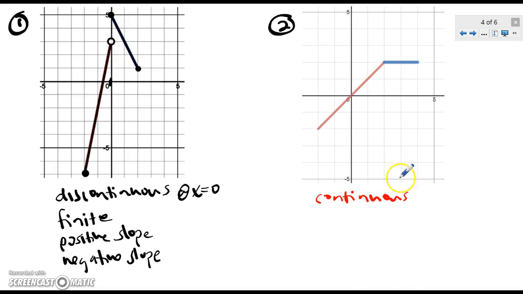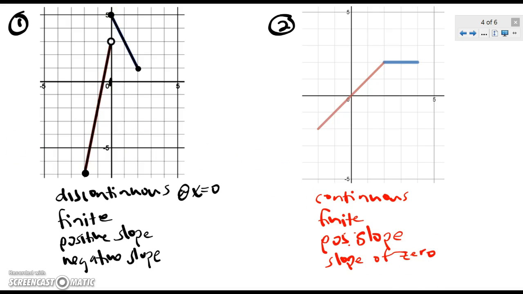So this is continuous all the way. It's finite as well. And it also has a positive slope. And it seems like it changes to a slope of 0 as well.